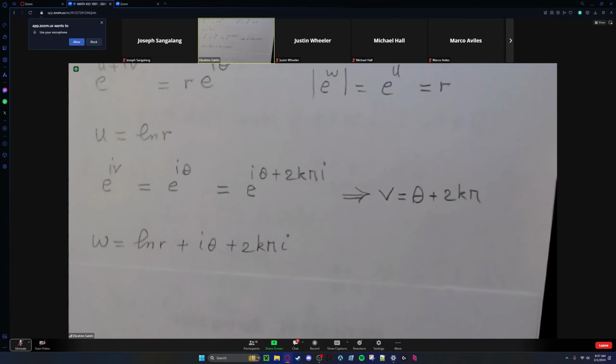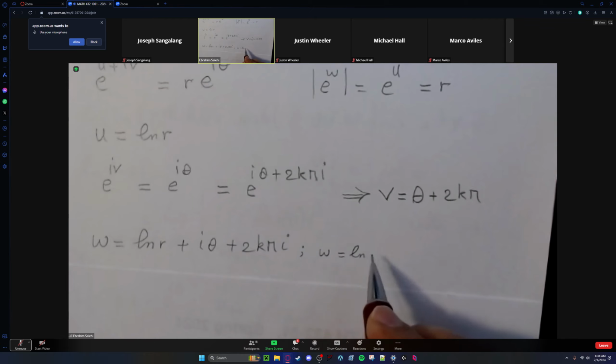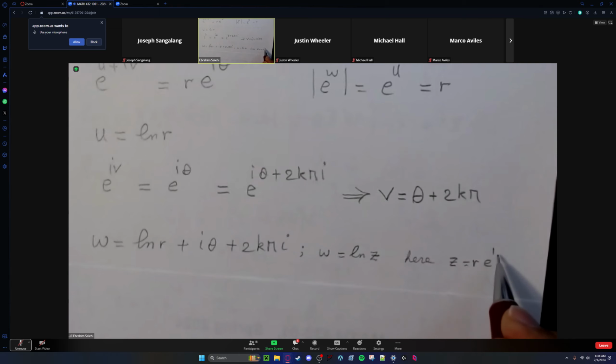And from now on, logarithm of z is denoted by this. This w is what we call log of z. What is z? Here, z is r e to the i theta.